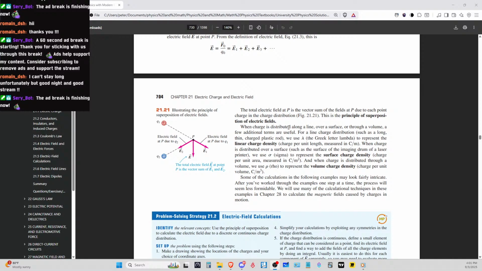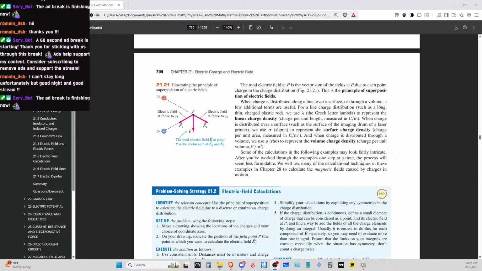Okay, so when charge is distributed along a line, over a surface, or through a volume, a few additional terms are useful. For the line charge distribution, a long, thin, charged wire, we have lambda, which represents the linear charge density measured in coulombs per meter.